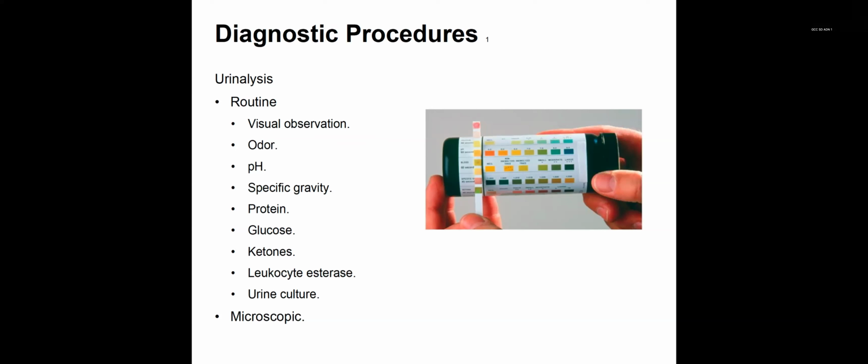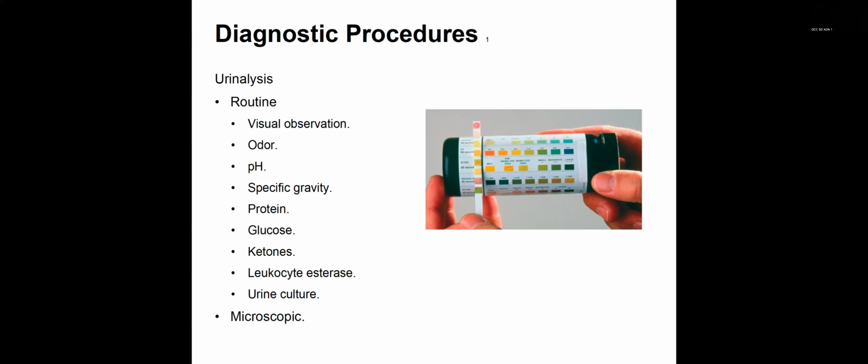Routine analysis involves visual inspection and the use of urine dipsticks. When we look at this figure, you can compare the presence or absence of products that may cause some kind of pathology.